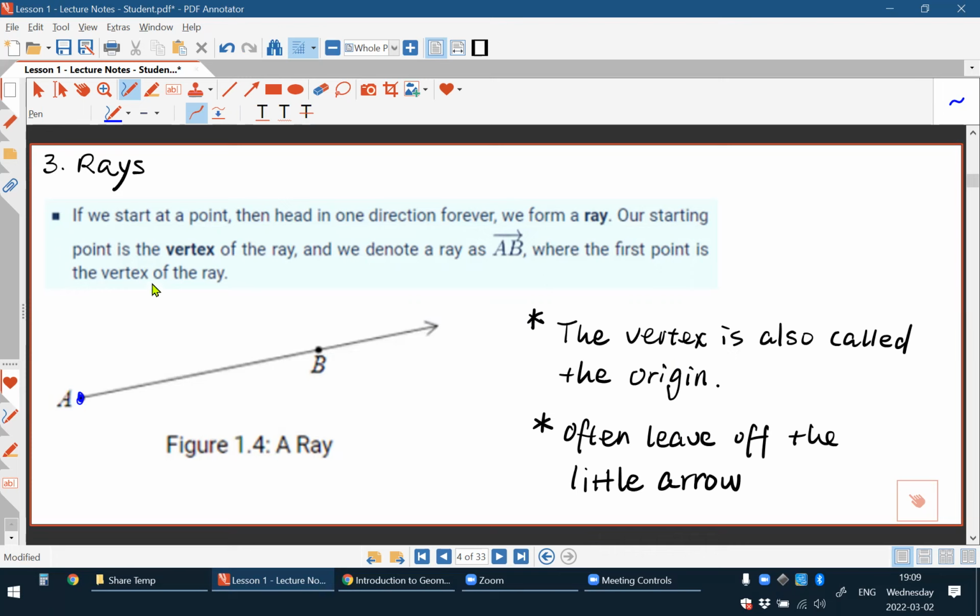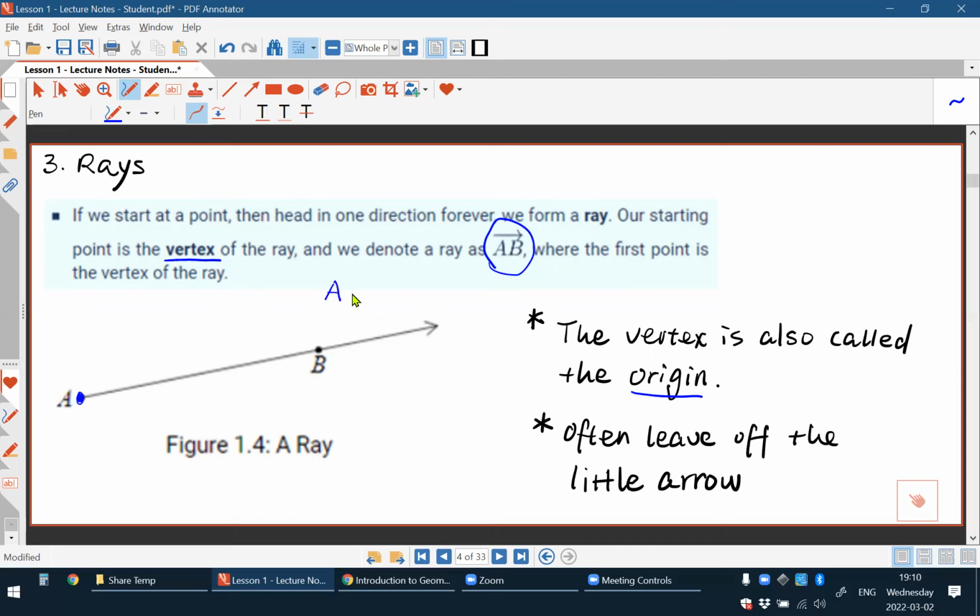Our starting point is called the vertex of the ray. Also, the vertex is sometimes called the origin. So point A here is the vertex or the origin of the ray here. And we denote the ray using this symbol here.